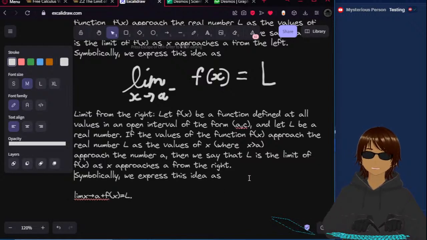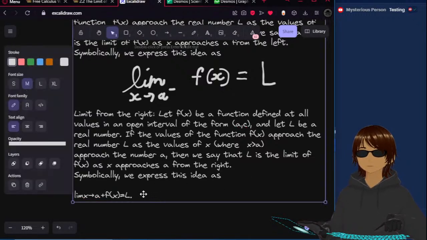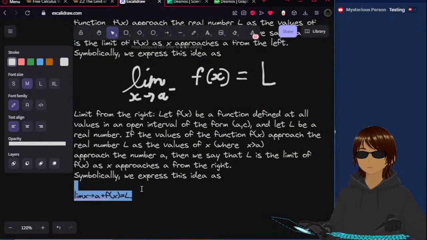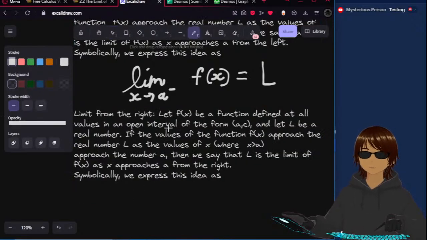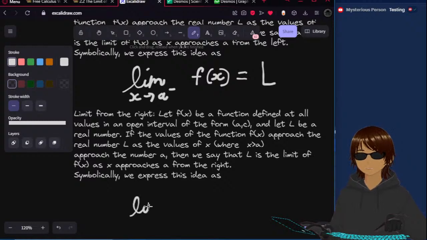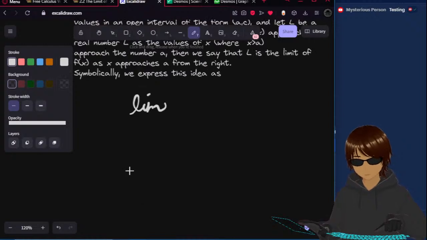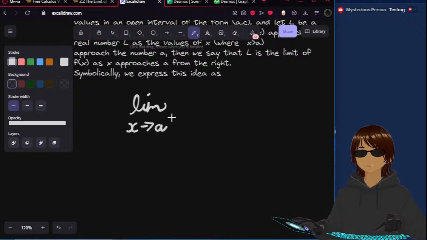Symbolically, we express this idea as limit as x approaches A from the plus side of f of x equals L.